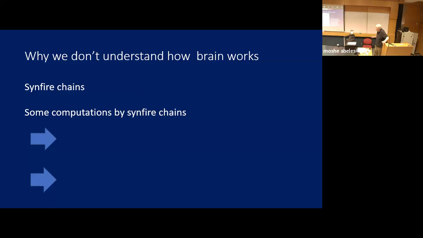But with synfire chains, the order of the synchronous wave will tell you whether the G was the first one or the D was the first one, and so on. So synfire chains have the advantage that they code also the time of when something starts, and this is used by us to interpret things. Okay.